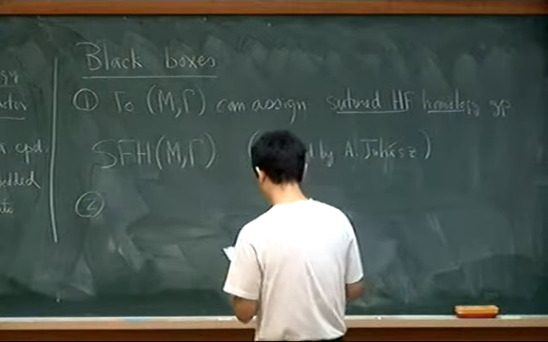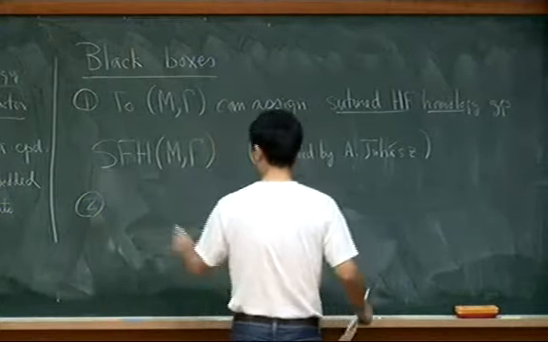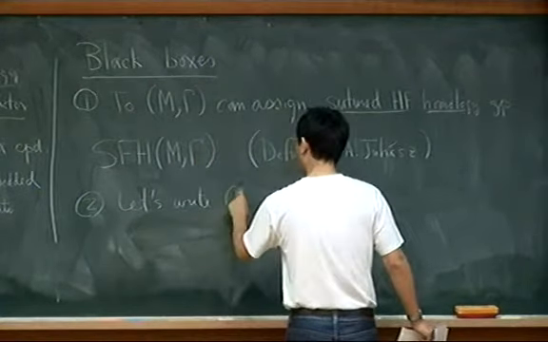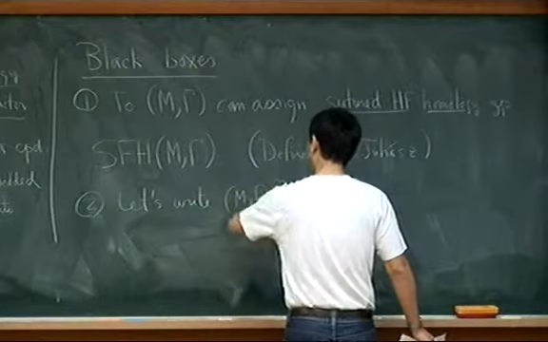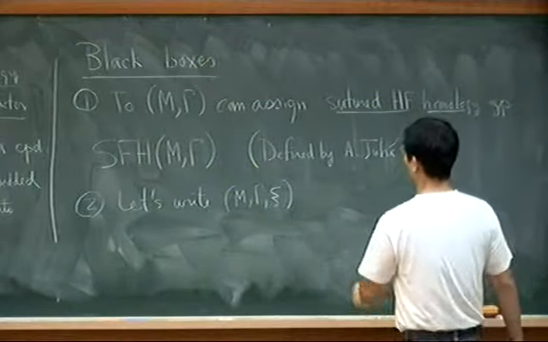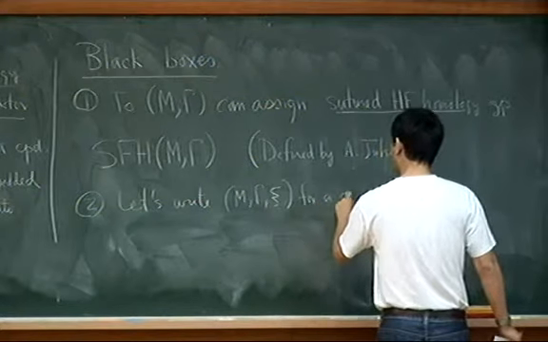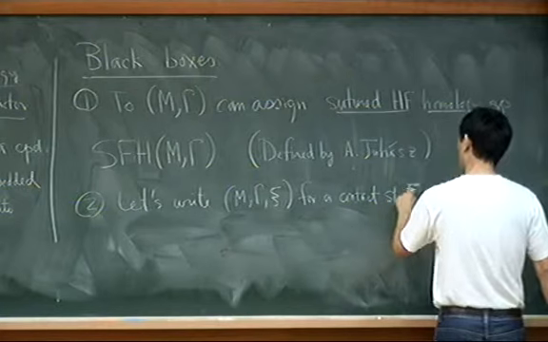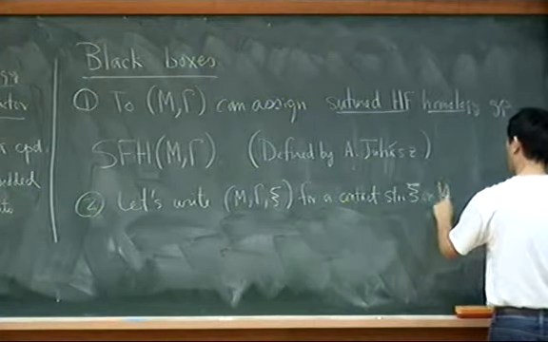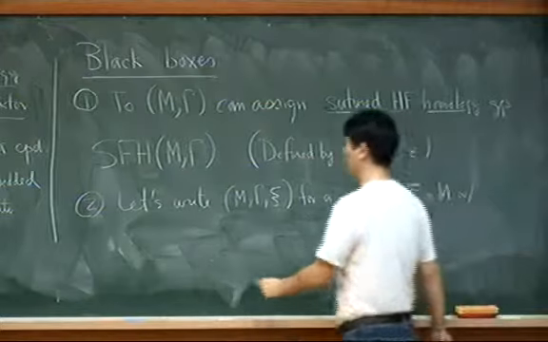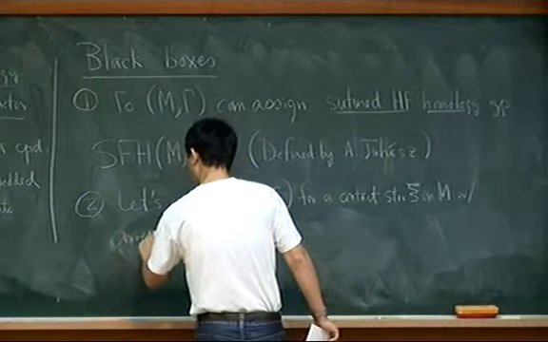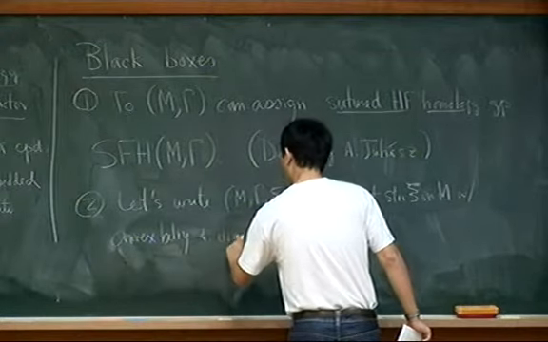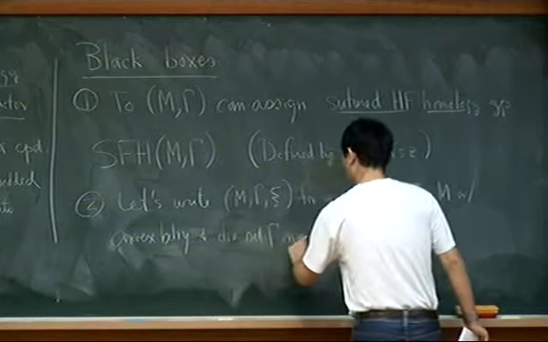The second thing is, suppose we write (M, gamma, xi) for a contact structure xi on M with convex boundary and dividing set gamma on the boundary.